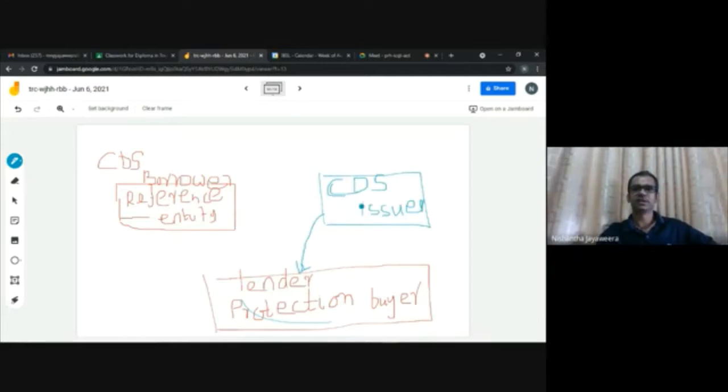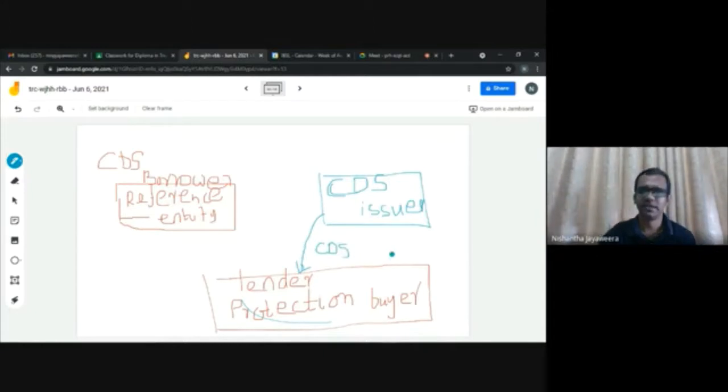The CDS issuer says that if the borrower defaults on you, we will pay you. So it is a sort of insurance. That is what we call a credit default swap.